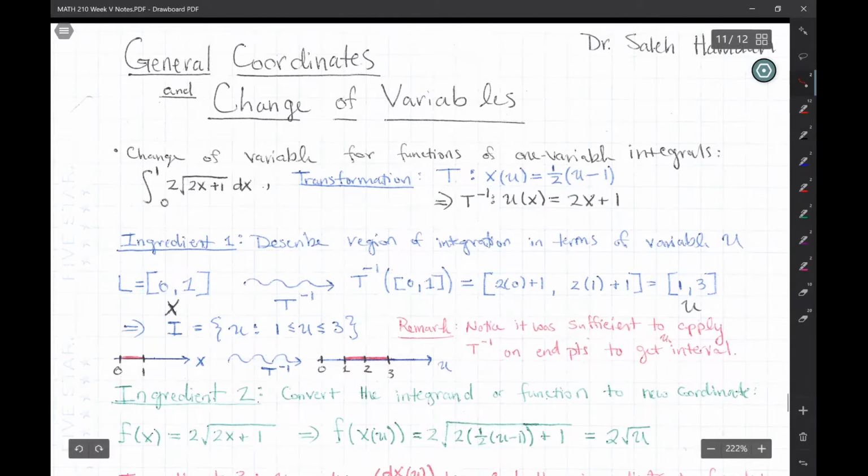And we'll go through the steps in light of this new way of seeing u substitution, and that will give us a foundation for then discussing double integrals using general coordinates, and we'll learn how to then change variables for our double integrals.